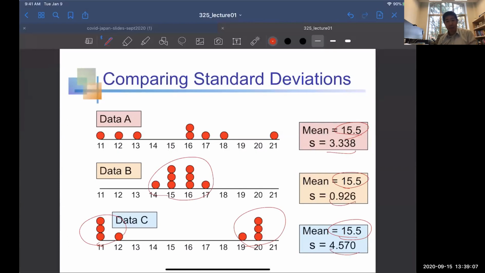For now, you don't fully get how to consider what it means for the standard deviation to be 4.5 versus 0.9.